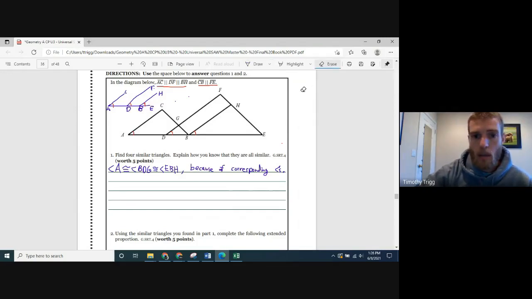Okay, I'm going to erase this here, but we're going to use that same idea to help us find some more congruent angles. So we use this first piece of information. We use the information that AC is parallel to DF, which is also parallel to BH. But now I want to use the information that CB is parallel to FE. So again, we have the line on the bottom.